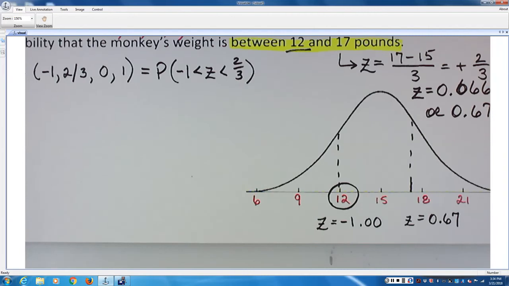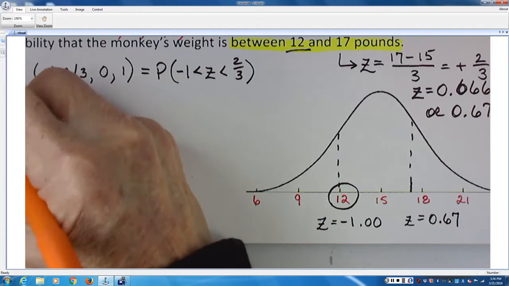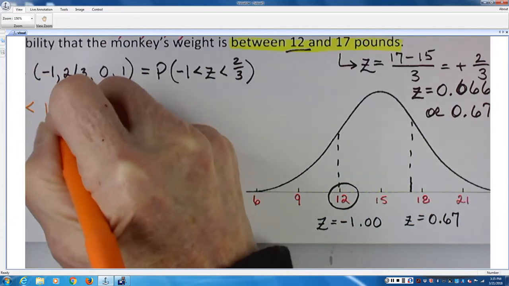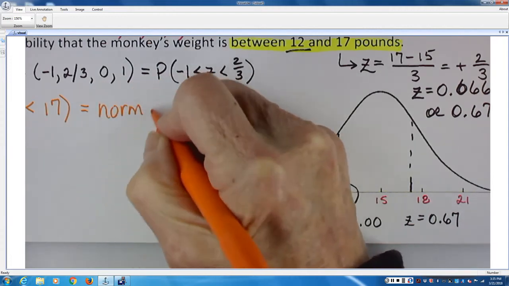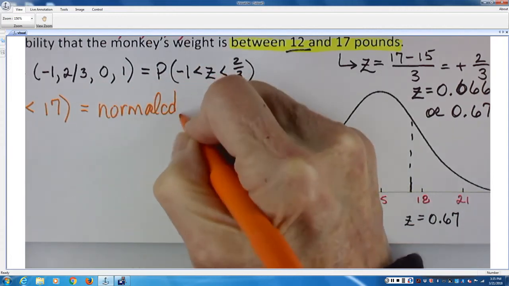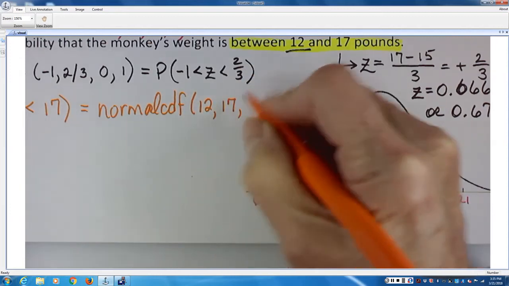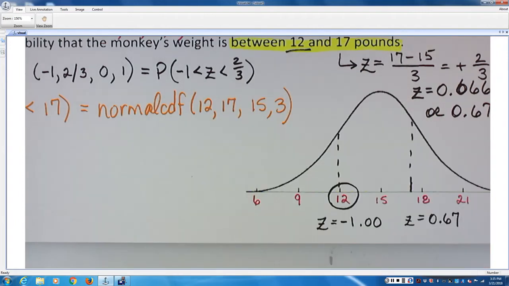But I would get the same answer if I do it this way, and just use the mean and standard deviation of the monkey's weights. And I should get the same answer either way.